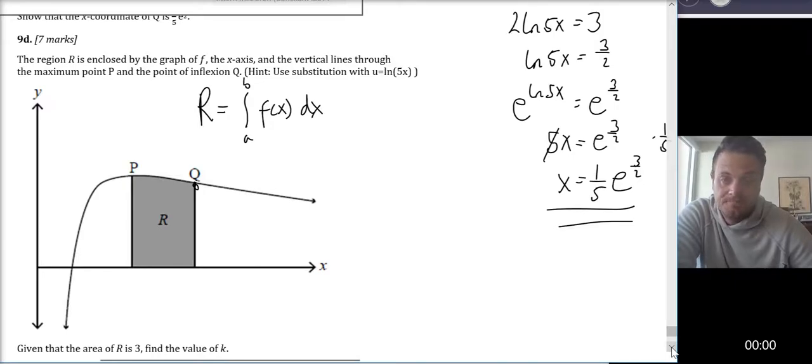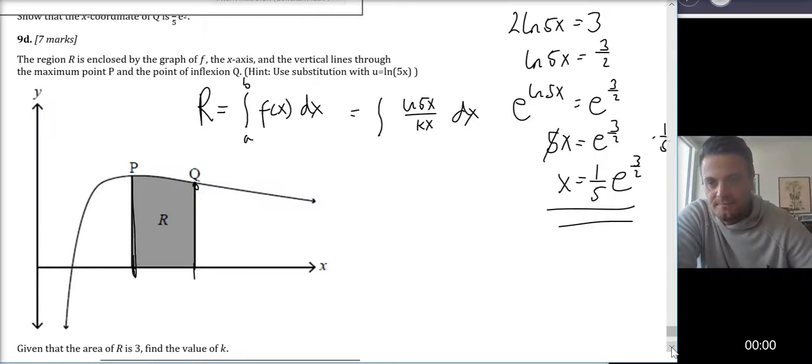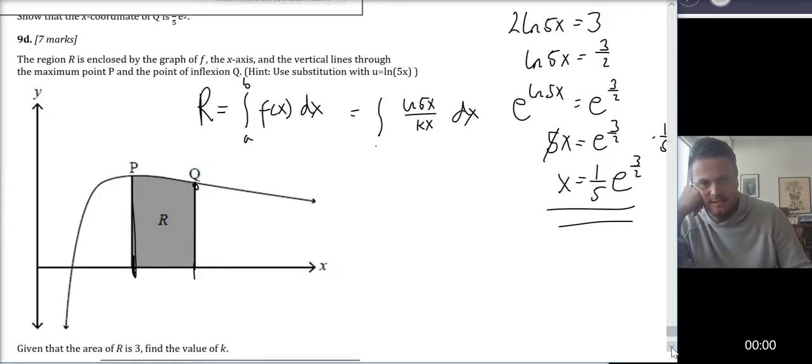And the function, if you remember that, is ln 5x divided by k times x. That was our function. And the limits here are the x coordinate of P, and the x coordinate of P was e over 5, if you remember that from exercise B, wasn't it?